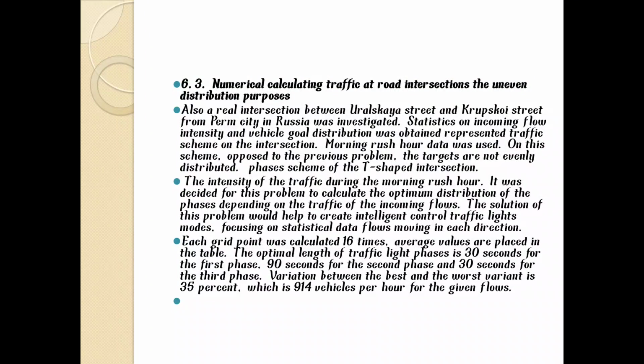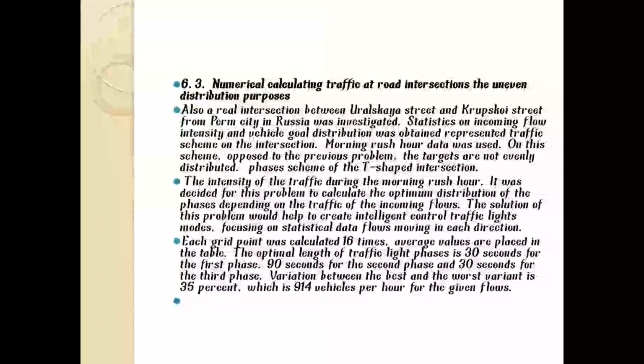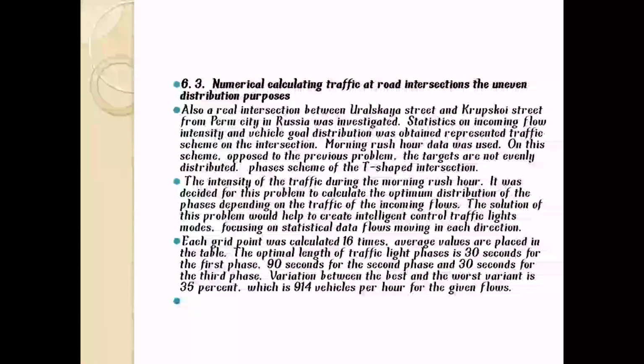It was decided to calculate the optimum distribution of the phases depending on the mean incoming flows. The solution of this problem would help to create intelligent traffic light control modes, focusing on statistical data of flows moving in each direction.